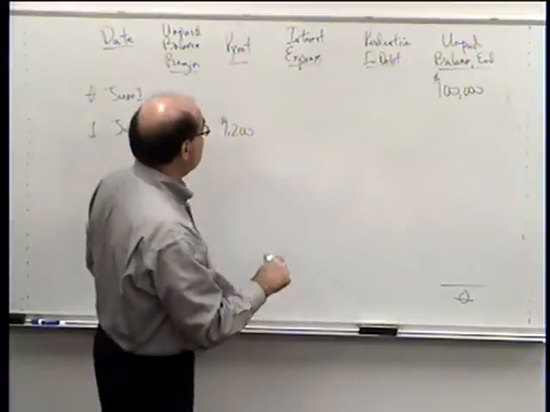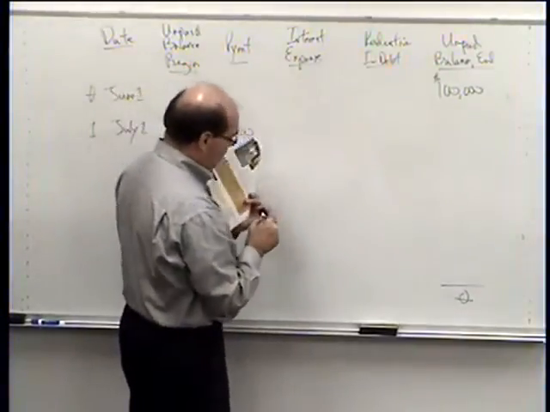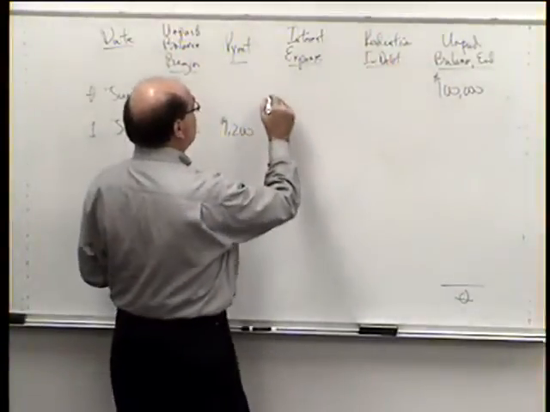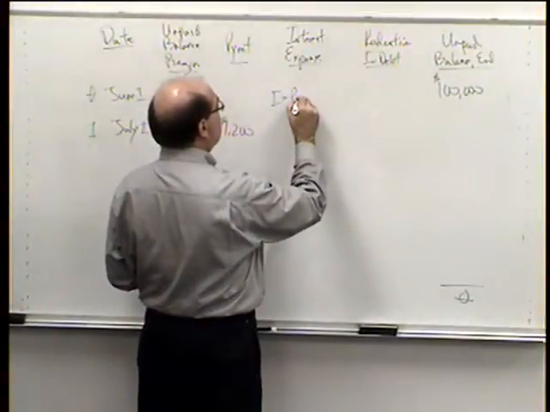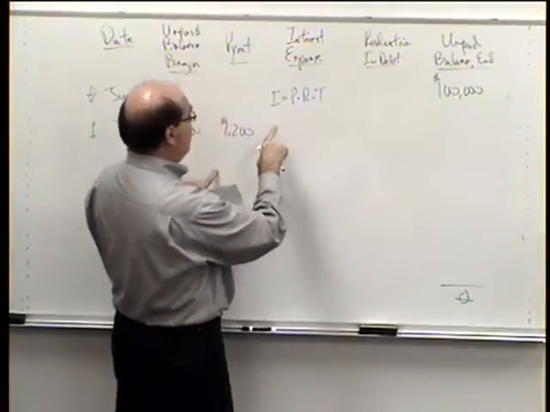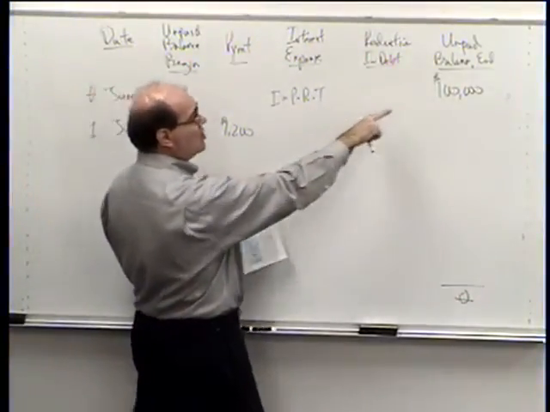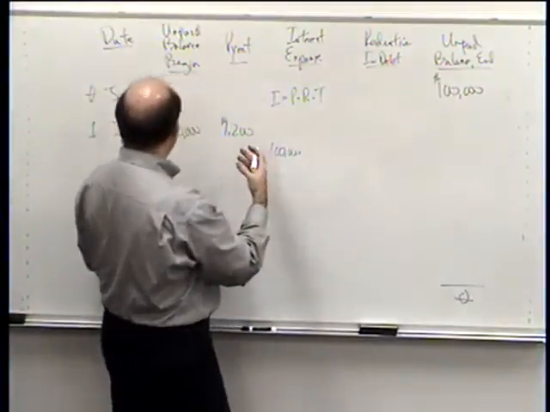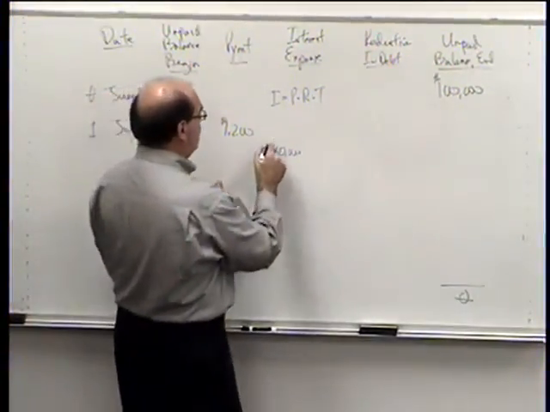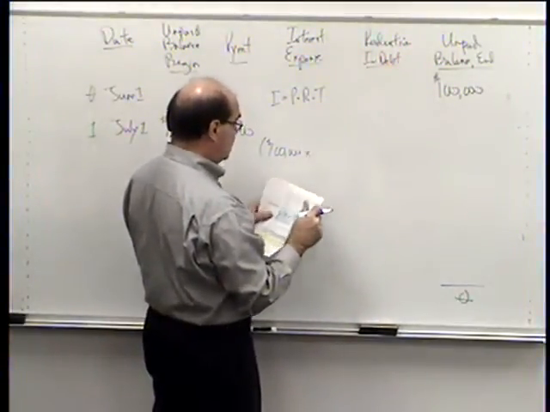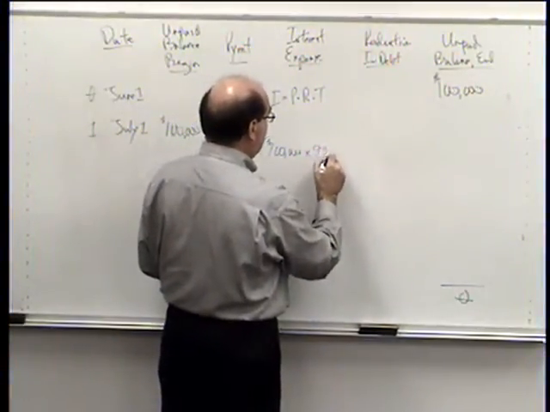Well, the interest calculation is pretty simple. If you remember, the way we calculate interest is going to equal your principal times your rate times your time. Well, that's what we're going to do here. The amount that we owe, the principal, was the $100,000. So we owed $100,000 because for the last month, that's what we've been borrowing. The rate that we're going to use here is 9%. And we divide that by 12.